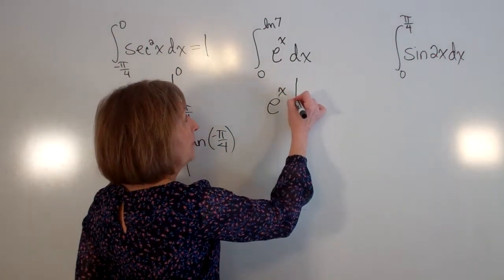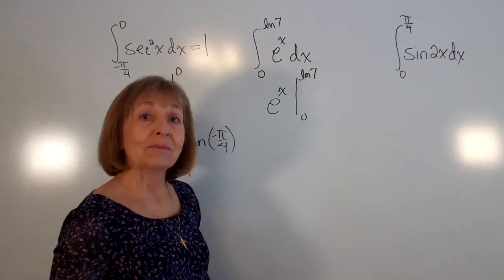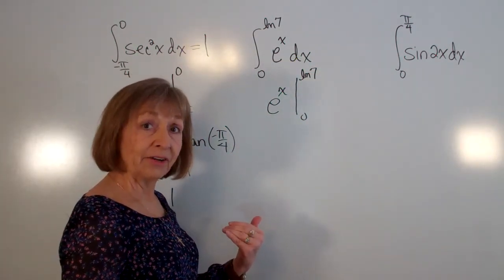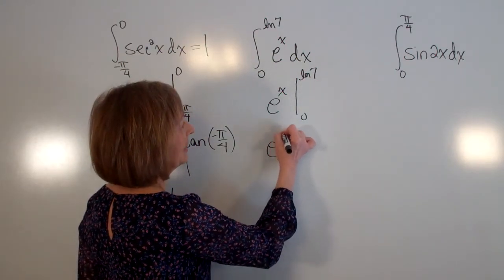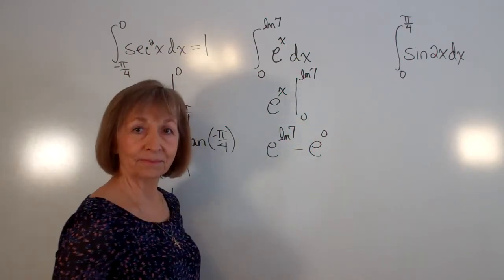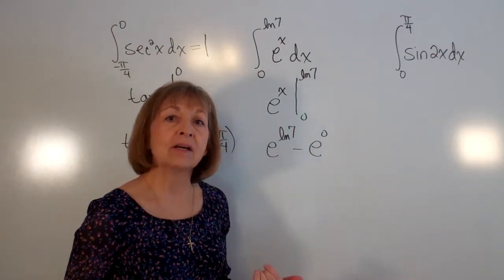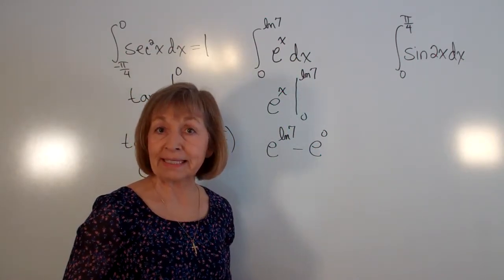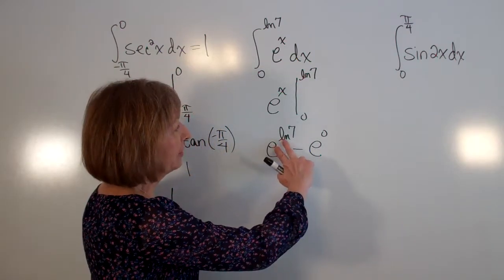I'm going to evaluate that from 0 to the natural log of 7. Plug your upper limit of integration in minus plug your lower limit of integration in. So that's e to the natural log of 7 minus e to the 0. And then remember, the exponential function base e and the natural log base e are inverse functions of each other.